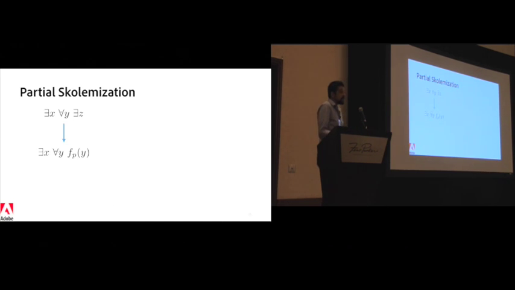So what we do instead is something that we call partial Skolemization. And in this case, we replace that innermost quantifier with a function that is actually going to return a small subset of possibilities. In other words, fp of y is either going to be p1 or p2.